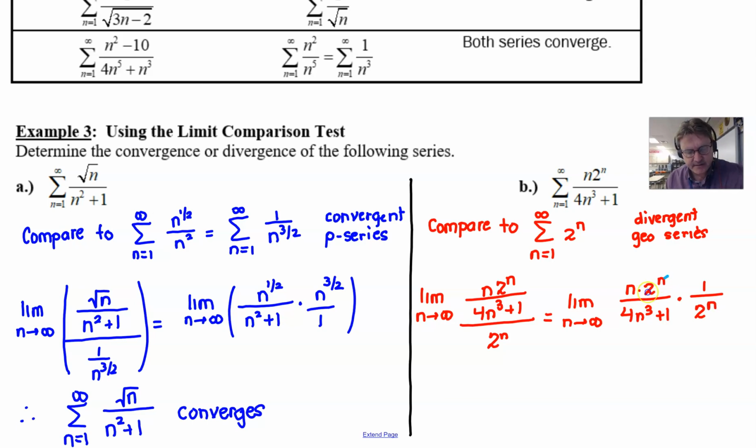As you can see, these guys will cancel. And then if I do compare the degree of the top with the degree of the bottom, I end up with n to the first over 4n to the third, which isn't good, right? That's equal to 0. And 0 is not finite. Well, it is finite, but it's not positive. So it's a little bit troublesome here.